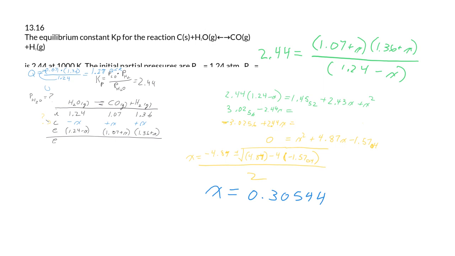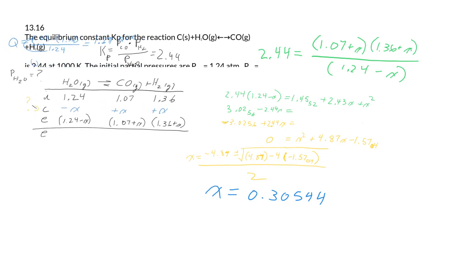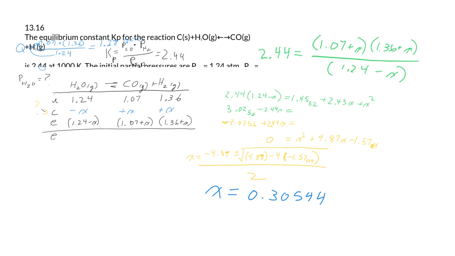You then have to take this x value and take it back up to your ICE chart. Because according to your ICE chart, your equilibrium values are gained by subtracting the x from the initial concentration or adding it.